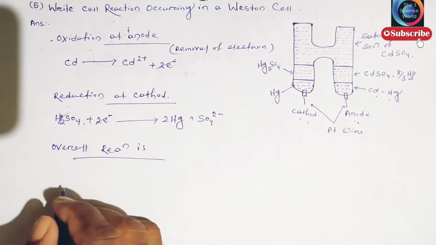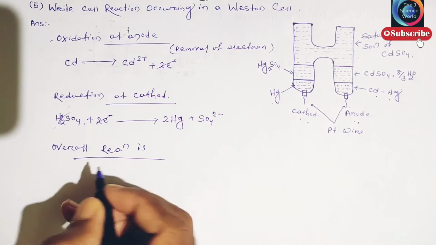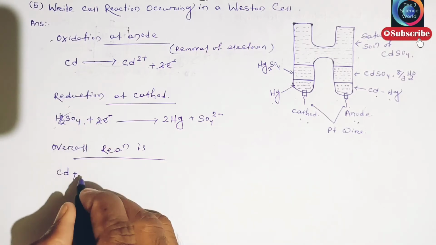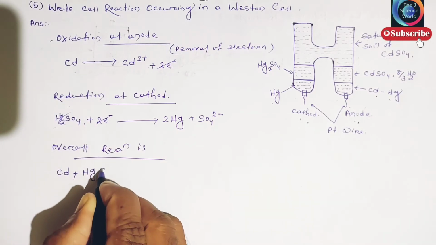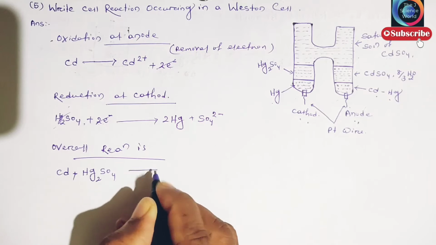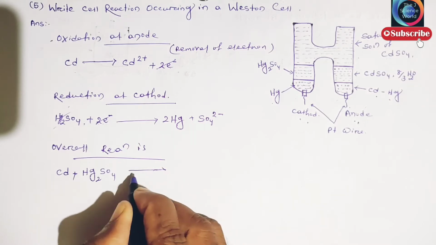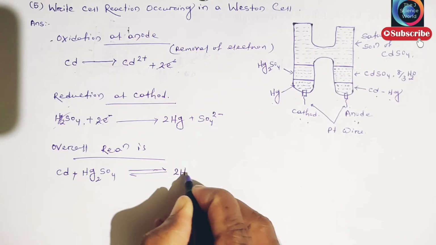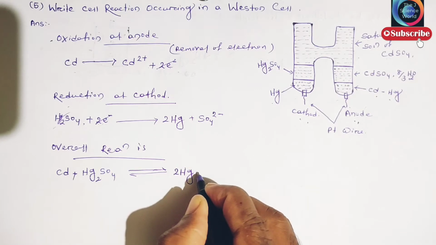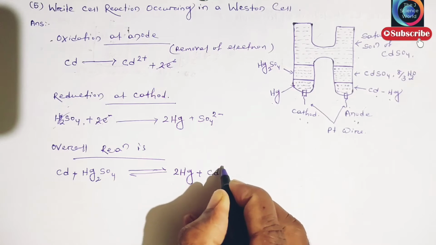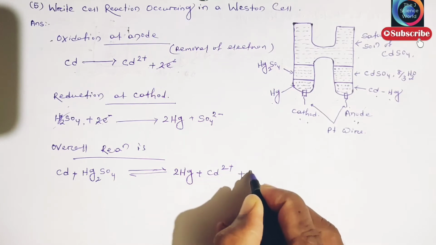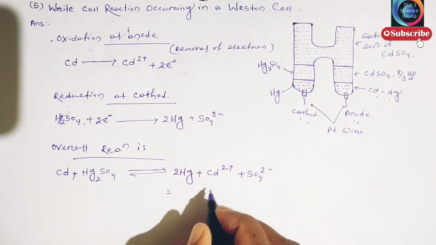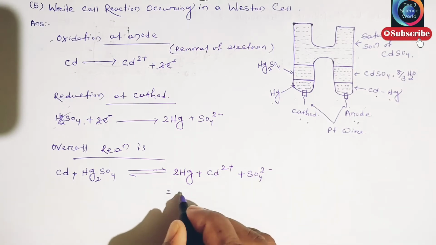So if we add, we get Cd plus Hg2SO4 giving 2Hg, Cd2+ and SO4 2-, which we also write as CdSO4.